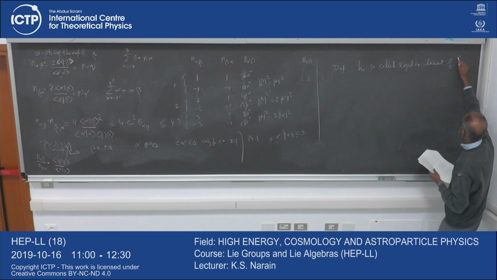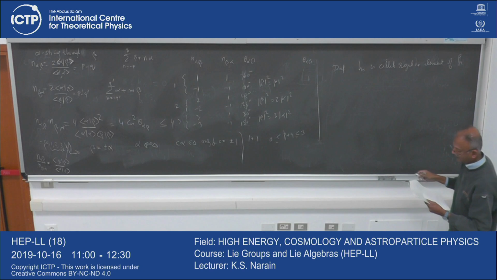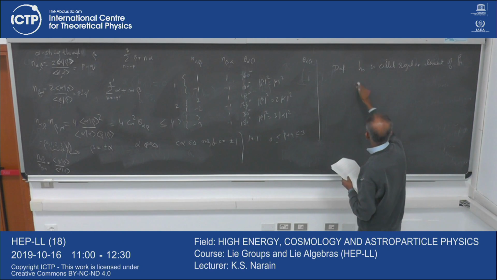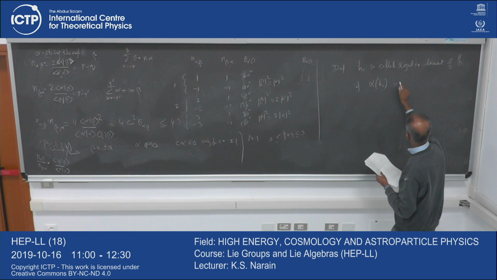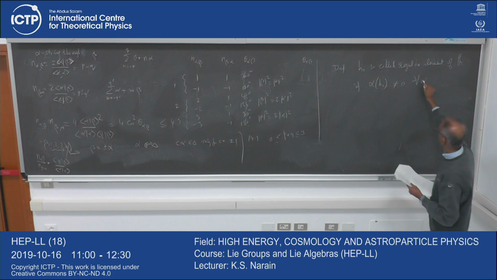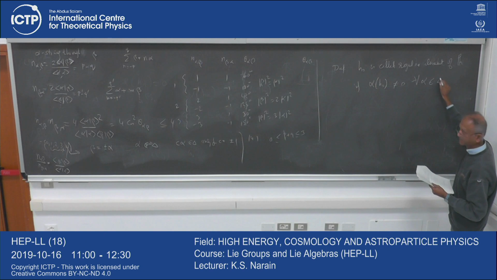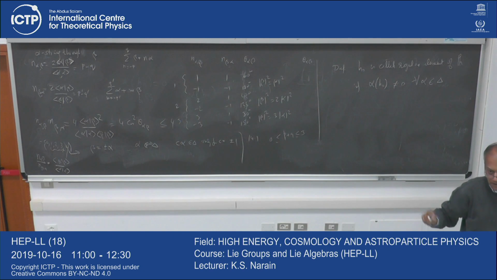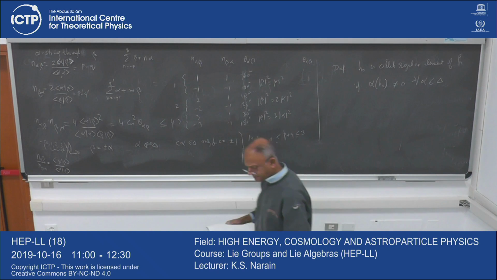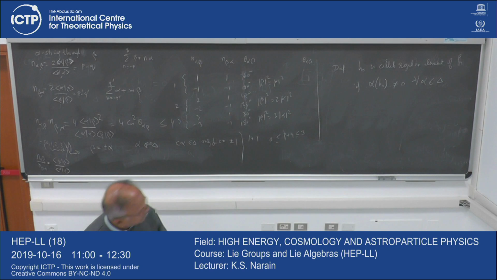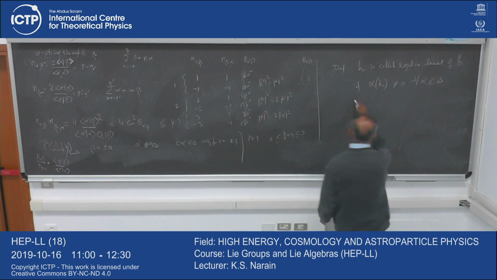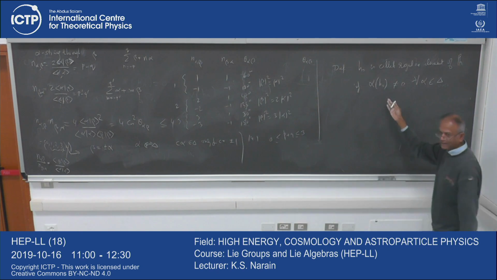So of the H, the Cartan subalgebra, if alpha of H0 is not equal to 0 for all alpha belonging to delta. All alpha belongs to delta. So you remember from the SU3, just to give you an idea, that this is not an empty set.